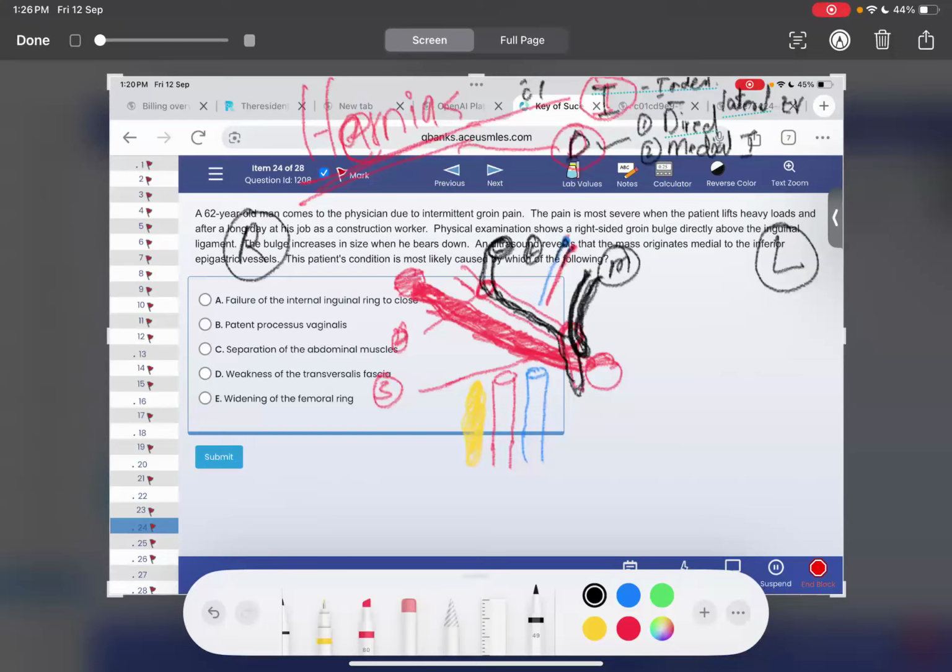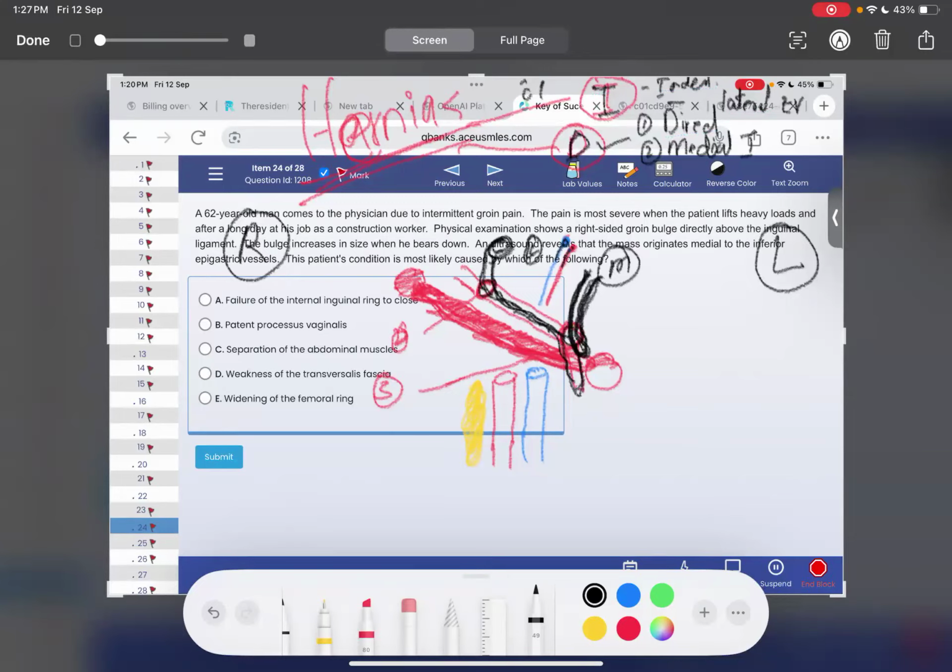The main landmark is the epigastric vessel. If it is medial to it, it is a direct hernia. If it is lateral to it, it is an indirect hernia. An indirect hernia goes to the deep inguinal ring, then the superficial inguinal ring, and a direct hernia goes directly to the superficial inguinal ring. Have you got the point?